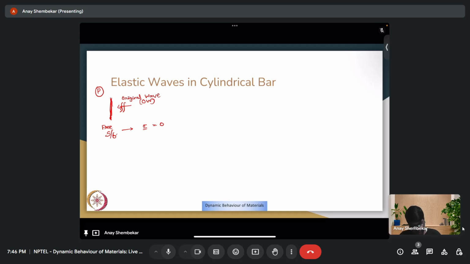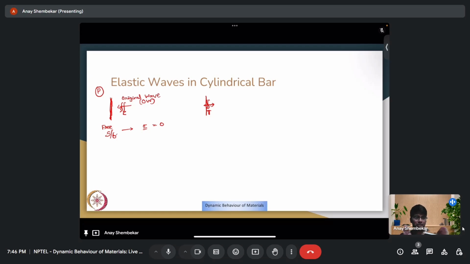Okay. Then what would that tensile stress do? That tensile stress, suppose T, will now start traveling again into the material.